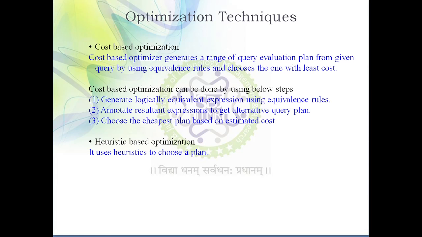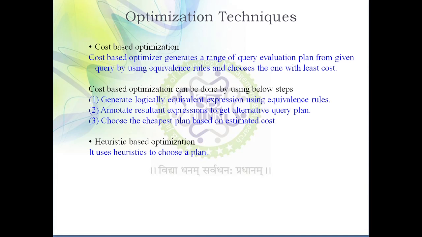These are the parameters based on which you evaluate the cost of a query, evaluated based on the number of rows. And ultimately, what is cost? Cost is nothing but time. How much time does it take to execute a particular query?